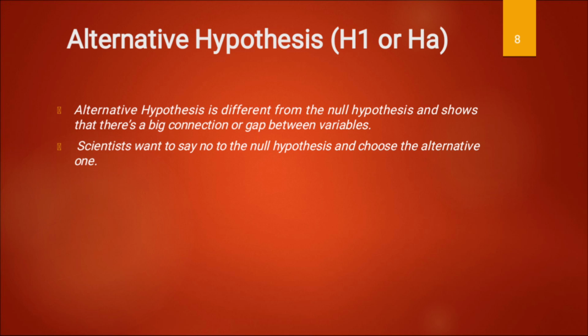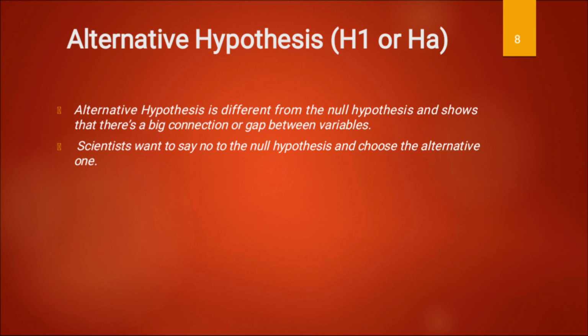This is used in mobile or car manufacturing. They claim that whenever they launch a new product, there is a big difference between version 1 and version 2. So they apply the alternate hypothesis.